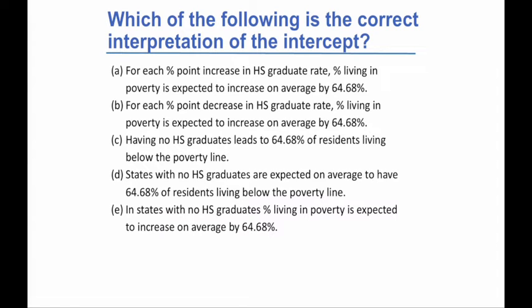So, as long as we have the correct interpretation of the intercept: the intercept is not a point increase or point decrease. It should be something about states where the high school graduation rate is 0, or there are no high school graduation rates.